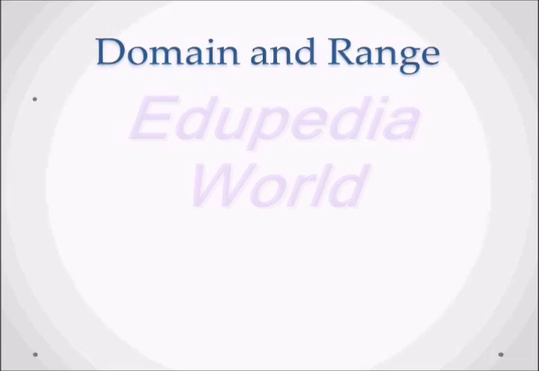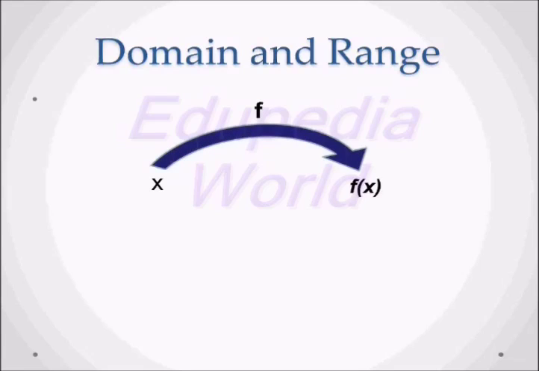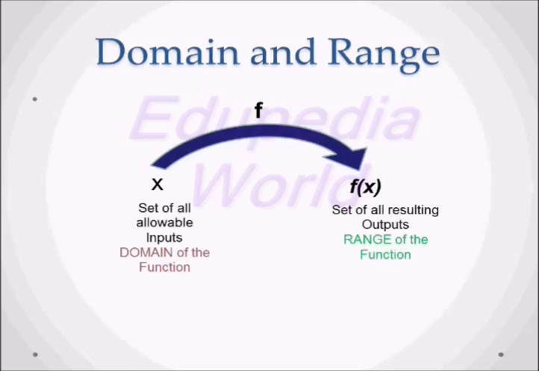Domain and range. Recall what we observed earlier in the definition of the function. x giving f of x. Here, x is the set of all allowable inputs and f of x is the set of all resulting outputs. x is also called the domain of the function and f of x the corresponding range of the function.